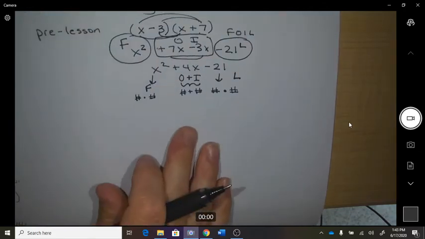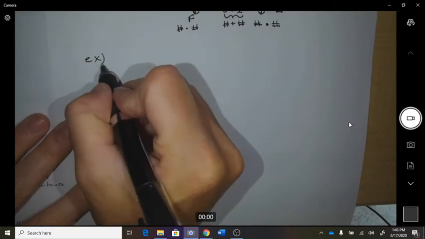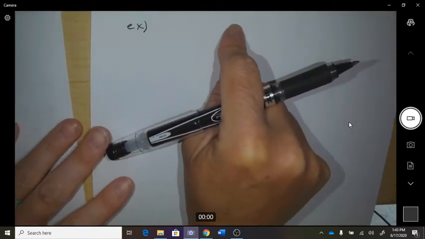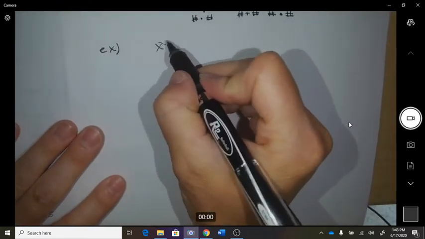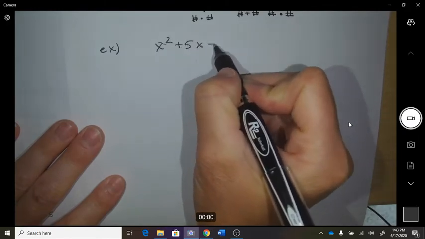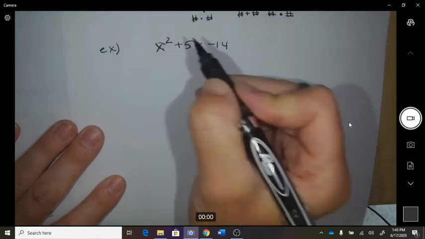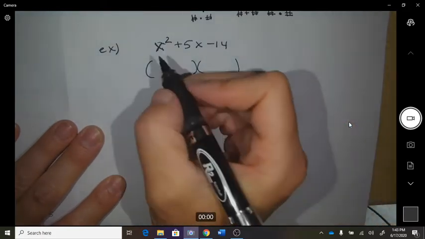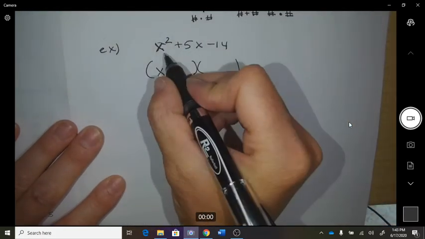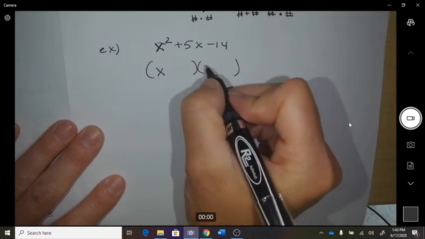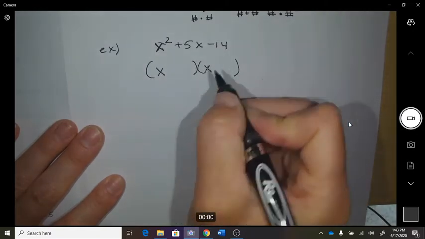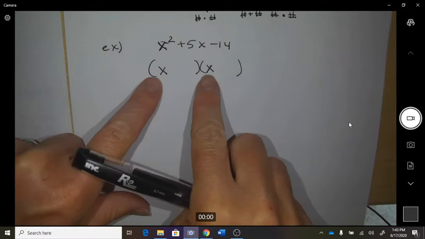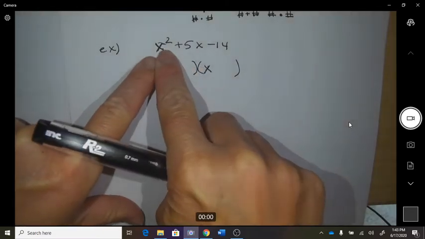Okay, so here's an example. Example 1: x squared plus 5x minus 14. I'm going to start my brackets. Because this is a simple trinomial, because it starts with x squared, I know that those spots have to be x, because x times x makes my x squared.